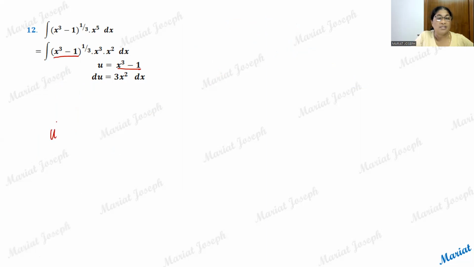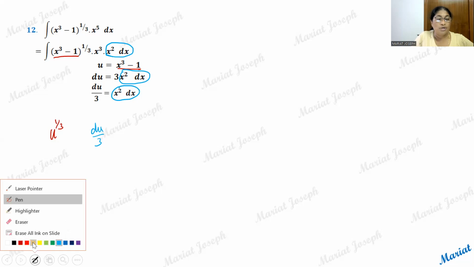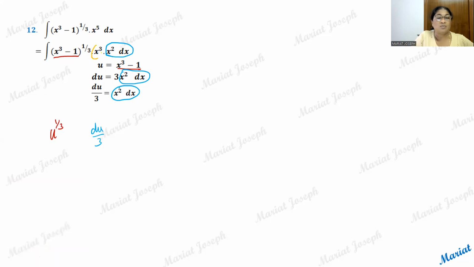Therefore, u raised to the power 1 by 3. x square dx is already made here. That is du by 3. This x square dx is du by 3. What are we going to do with this x cube? There is one more. What will you do here?